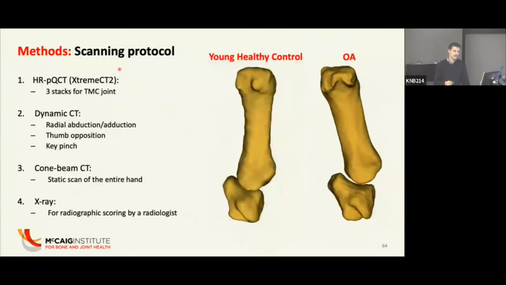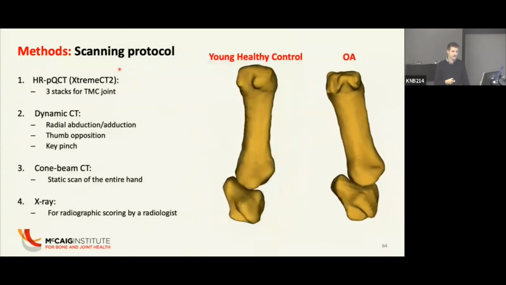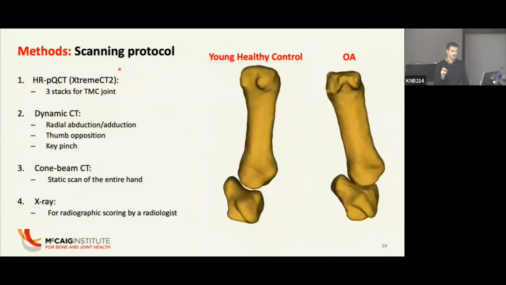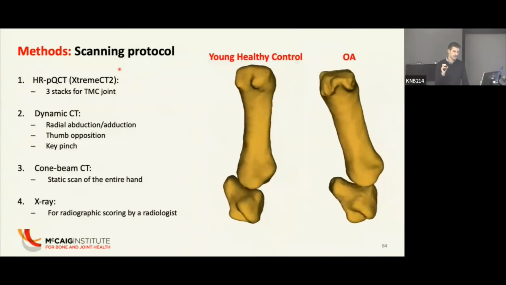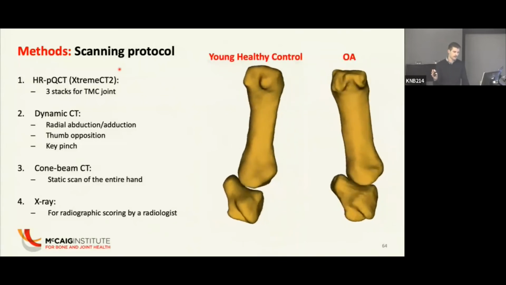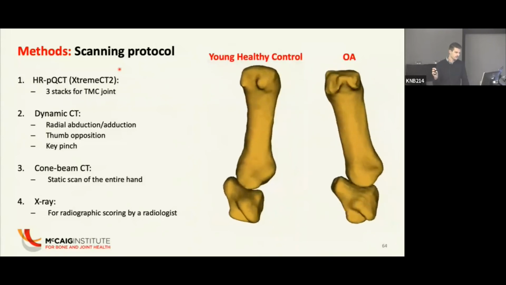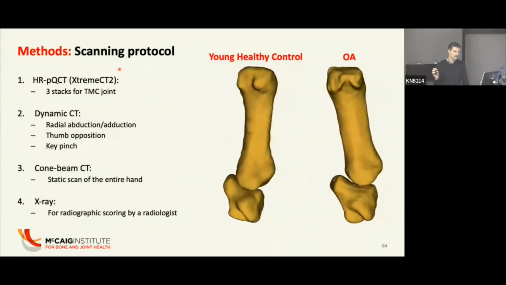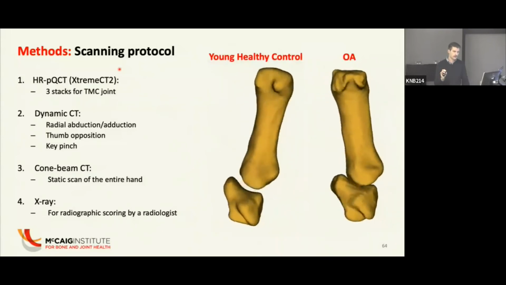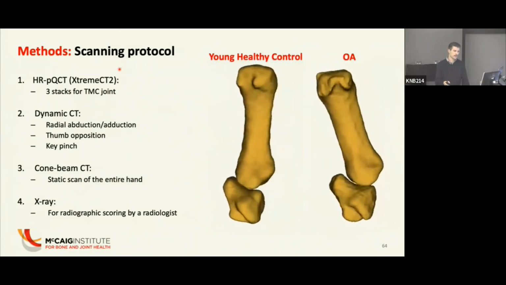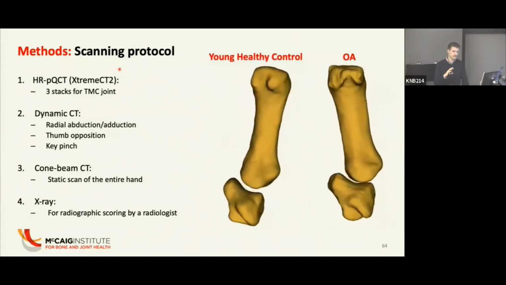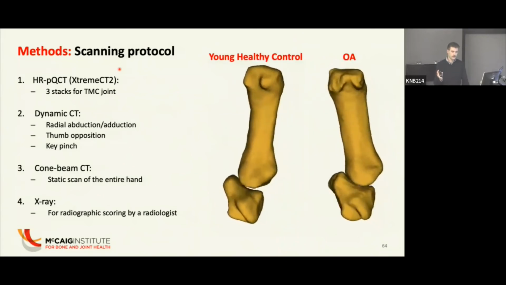The bouncing that you're seeing here is actually because the initial registration from the weight-bearing CT scan to our dynamic CT scan isn't perfect. I'm not sure why the change in resolution between this study and the previous work changes that registration result so much.